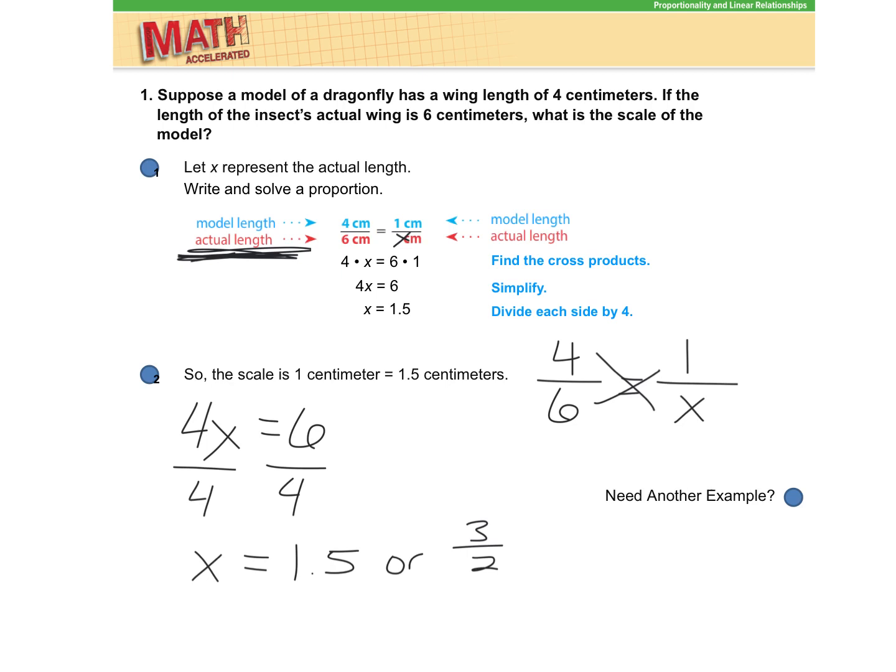So that's finding the scale of something. You're going to find out that scale and scale factor are not the same thing. What this is saying is the actual is 1.5 times the size of the model. That's what this is saying when you find the scale.